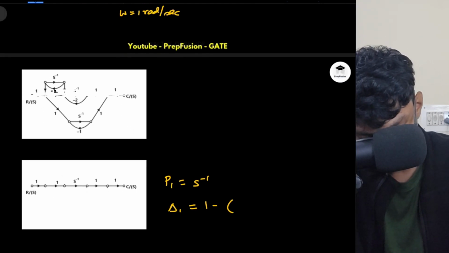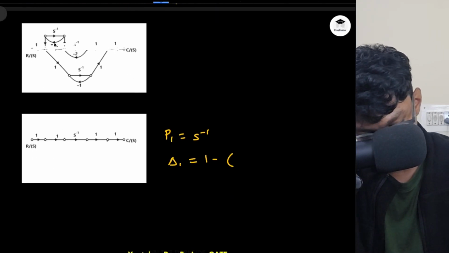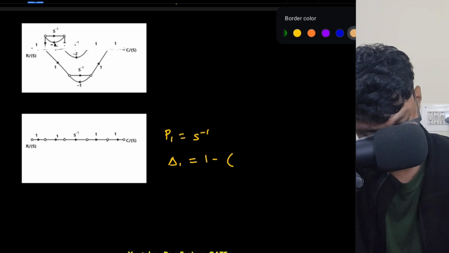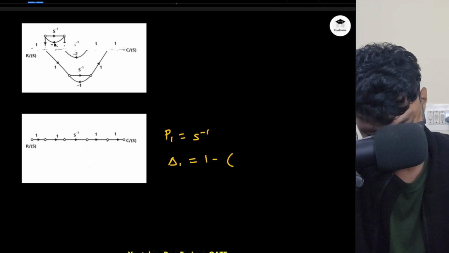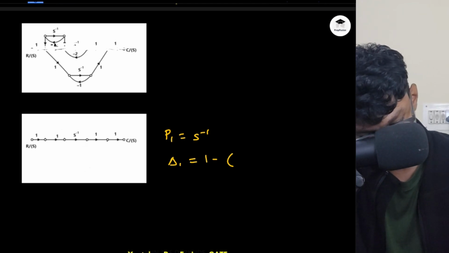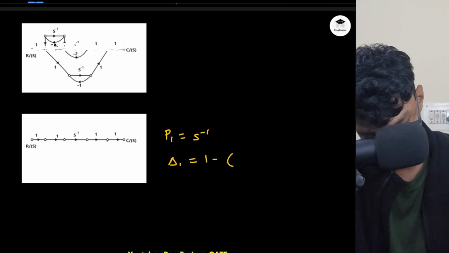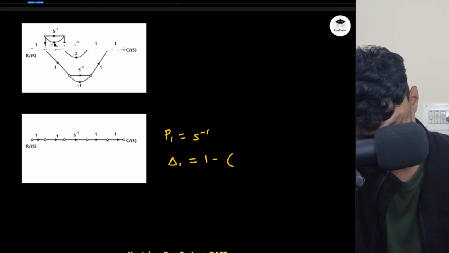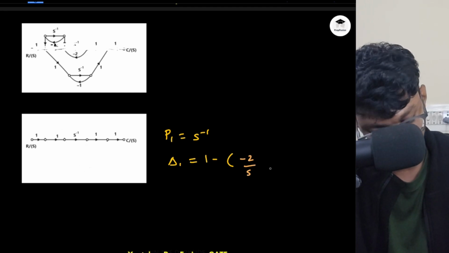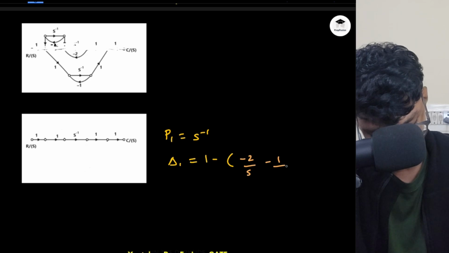So the loop gains will be minus 2 by S inverse, that is minus 2 by S, and minus 1 by S.